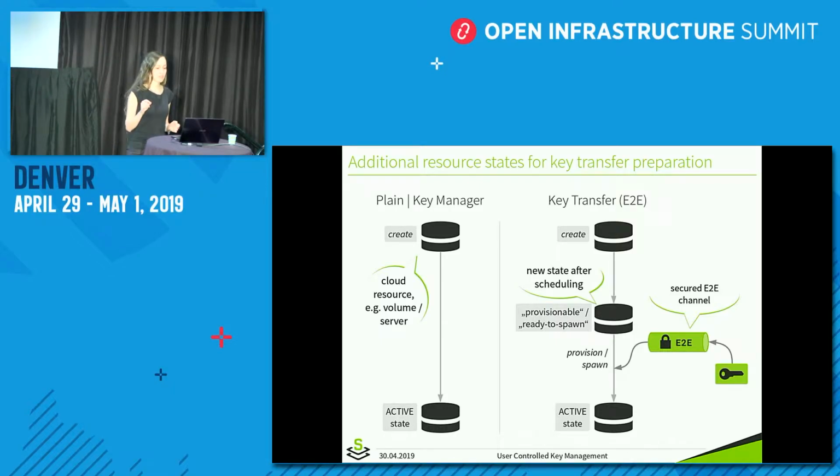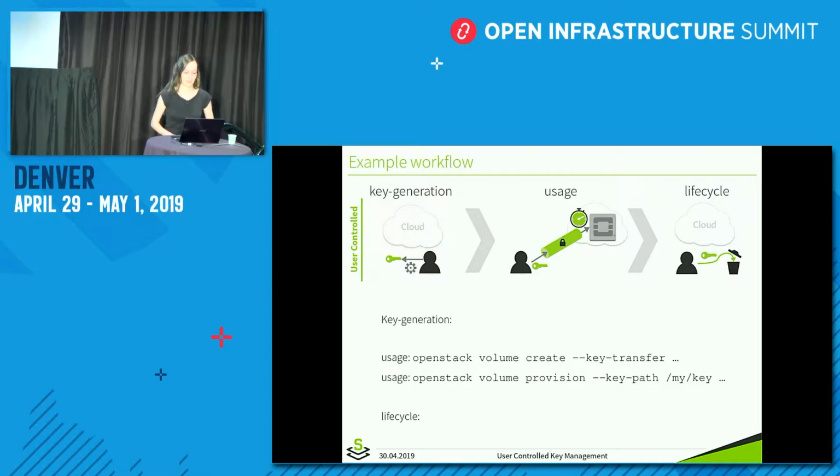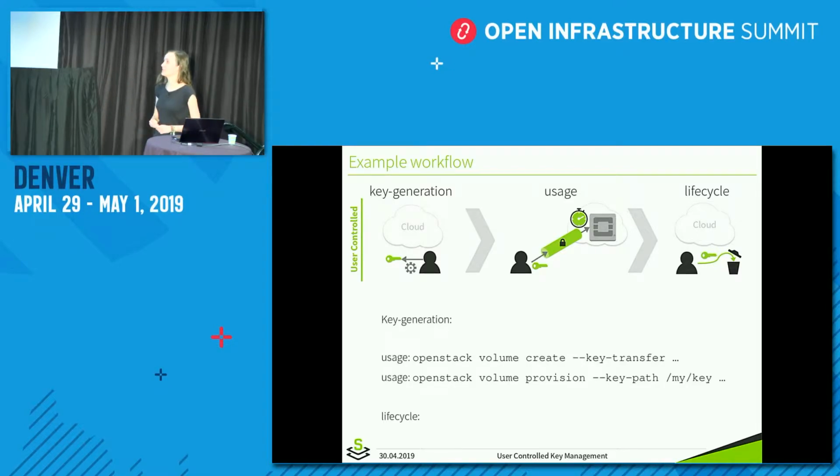We don't want to do this right now because we want to transfer the key, which is held by the user, only to the dedicated host on which the server or the volume is spawned. So we actually create the server or the volume, and it is scheduled, and then we stop in a provisionable or ready-to-spawn state where we know the direct host. And that's how the workflow is.